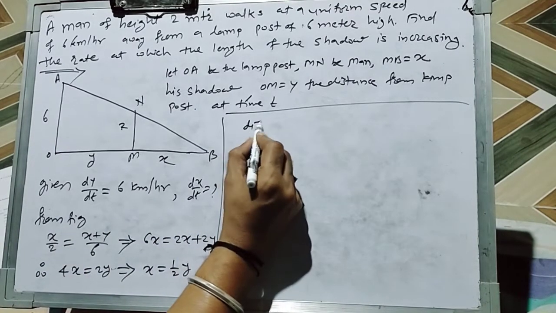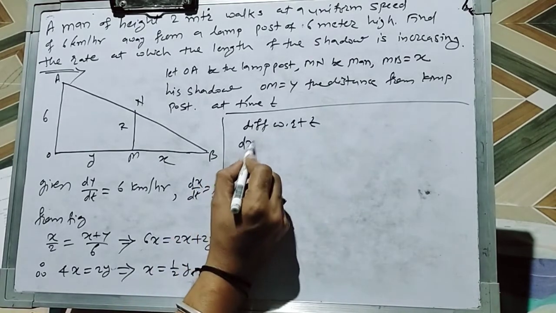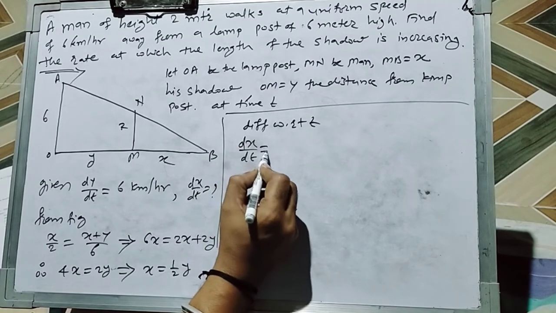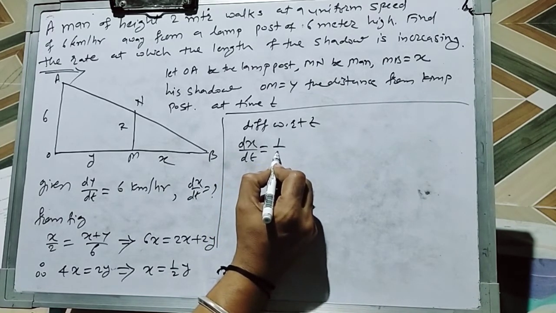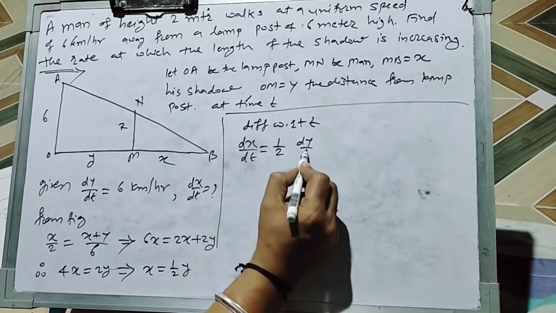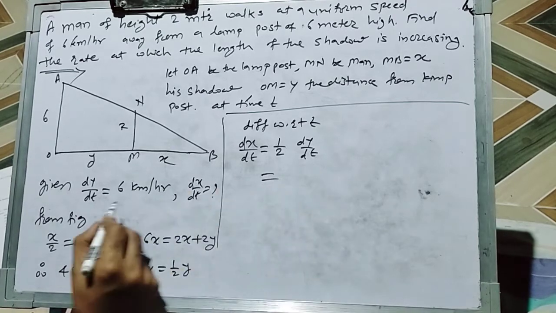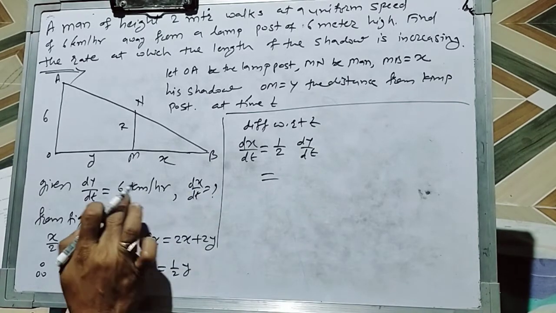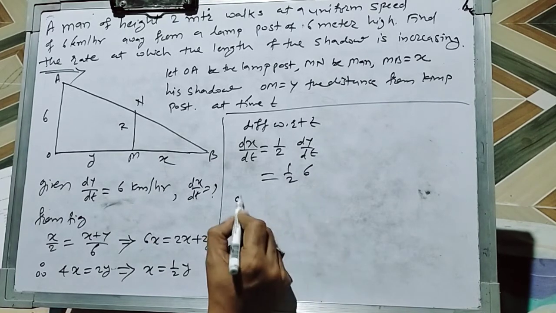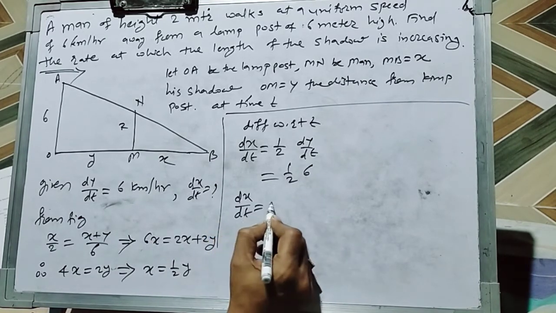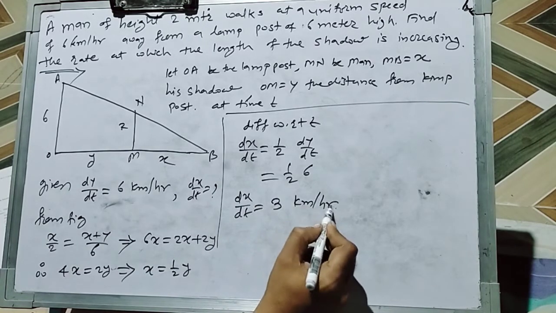So differentiate with respect to t, it means dx by dt is equal to 1 divided by 2 dy by dt. So here dy by dt is 6 km per hour, so 1 by 2 into 6. So dx by dt is equal to 3 kilometer per hour.